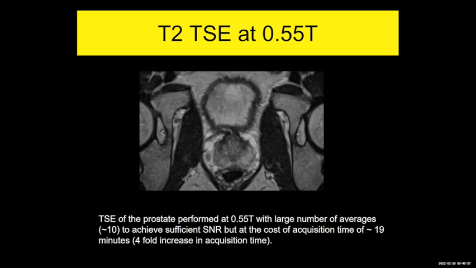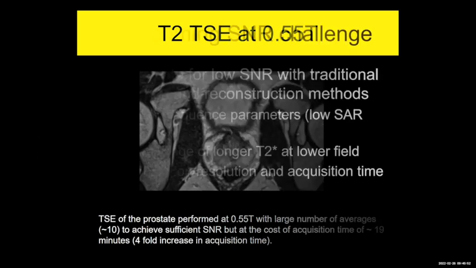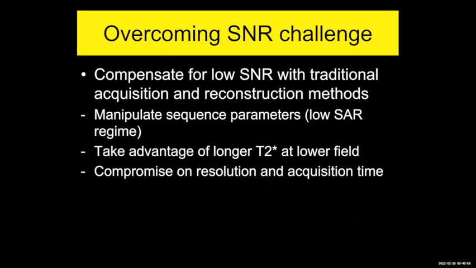So this is a 4-fold increase in acquisition time, to nearly 18 to 19 minutes. And this in itself is really problematic, because it is not feasible to have such long acquisition times and perform diagnostic imaging. So we need to address some of these problems with low SNR.